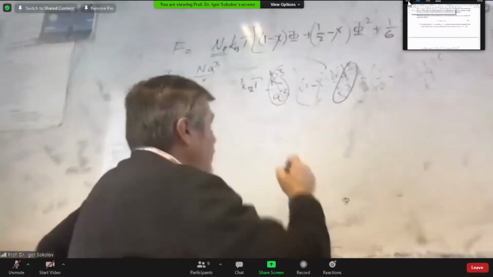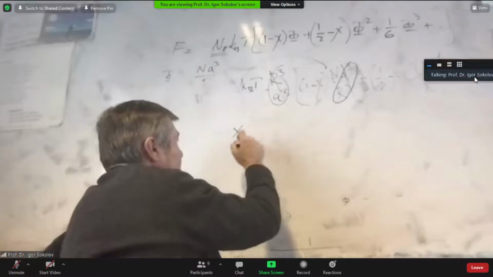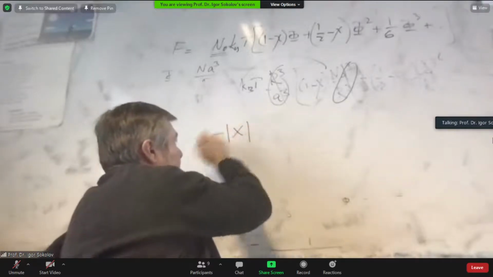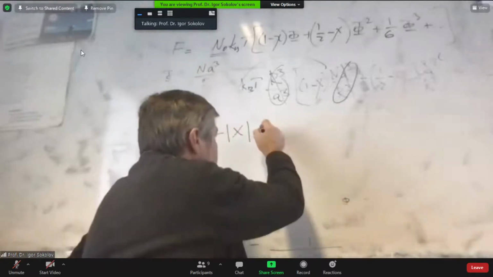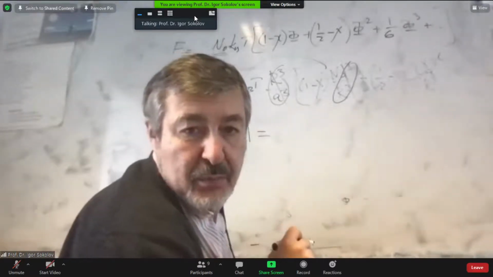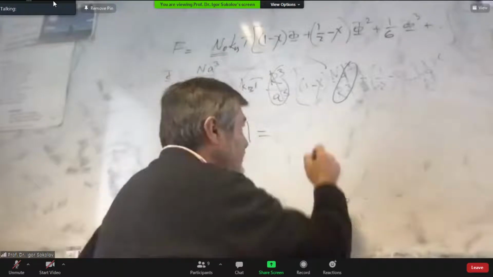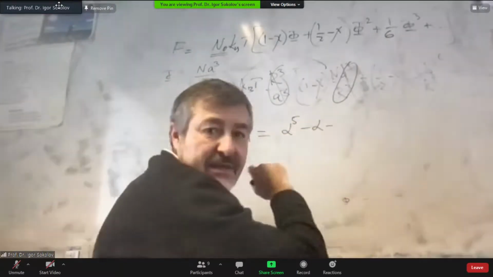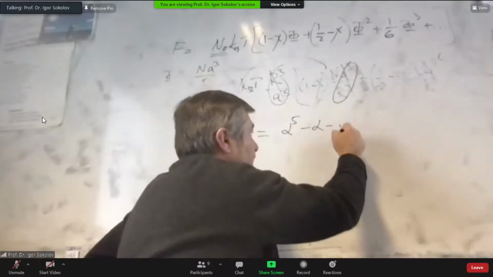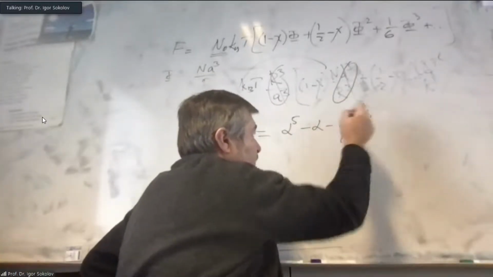Let me put x as minus the absolute value of x. It's huge and negative, and let me put everything on one side: alpha to the 5 minus alpha minus y alpha to the minus 3.